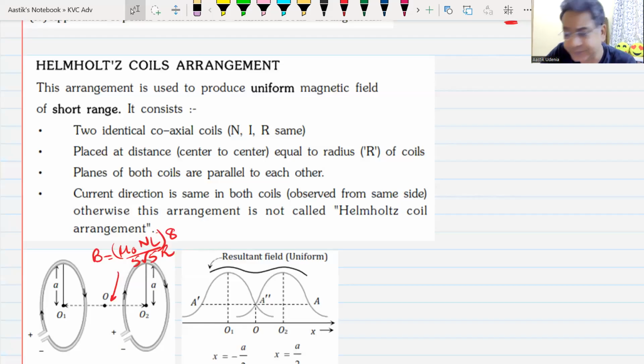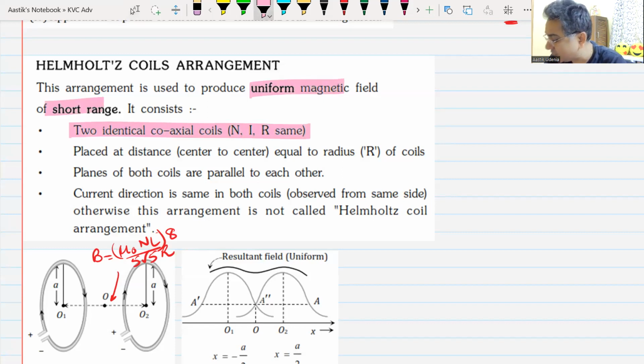Now this arrangement of coils, and I've seen questions on this, is known as the Helmholtz coil arrangement, and this arrangement is used to produce uniform magnetic field for a very short range. It consists of two identical coils on the same axis, with same current, same number of turns, same radius.